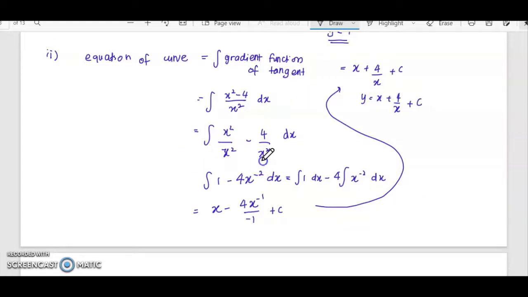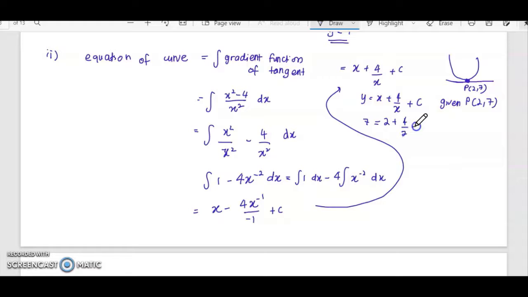Kenapa ada c? Sebab dia tak bagi limit. Kalau bagi limit barulah tak ada c kat sini. So how to find the value of c? Ambil value point. Point dia bagi coordinates point (2,7). Apa (2,7) ni sebenarnya dia berada di atas curve ni. Okay, dia lies on the curve. Kalau ingat tangent tu dia akan sentuh satu titik pada curve. Jadi kita masukkan value 7 pada y and then x dengan 2.